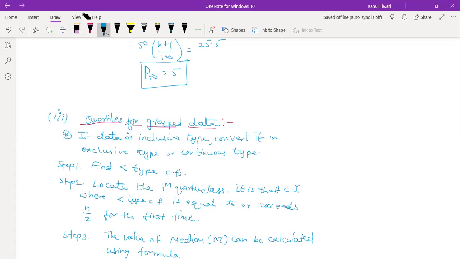The ith quartile class. In this case, class can also be called class interval. Then you need to obtain i n by 4. Okay, I'm writing this for quartiles. Are you getting my point? So i n by 4.